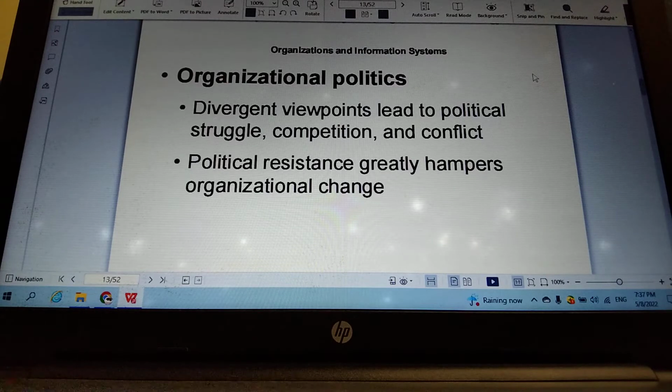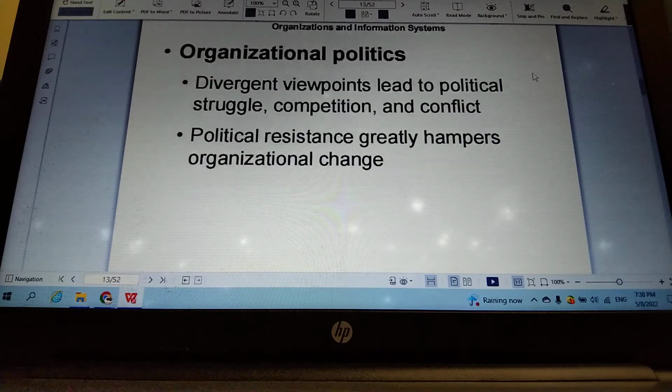Not so much related to the MIS system, but more to the organization, just for your information. So we really don't have to worry much about this. Every company, as we know, will have some level of office politics or organizational politics, but it's not part of the MIS system.